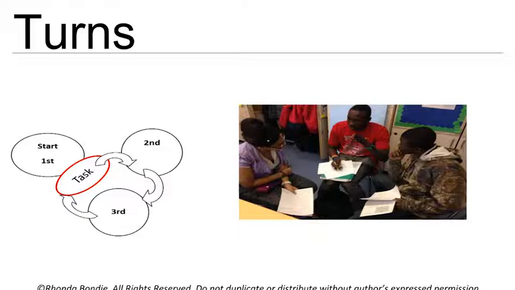The teacher will decide strategically to have someone that they think has an answer go first, or perhaps someone who has a question go first. They may have someone who was absent the day before go last. So the turns are very important. They make a difference in instruction, and the teacher always designates that. If the teacher says choose who goes first, that's the teacher's choice as well.